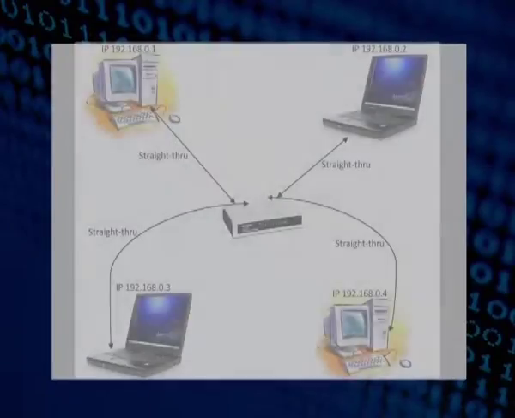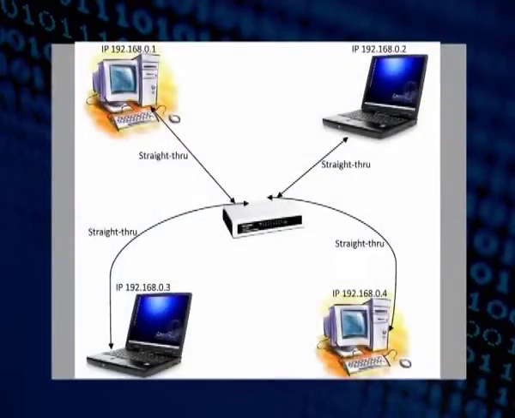Today, however, speeds are normally 100 or 1000 megabits per second. The devices on a LAN are peers if there is no dedicated server, so these devices can initiate a data transfer with any other device.